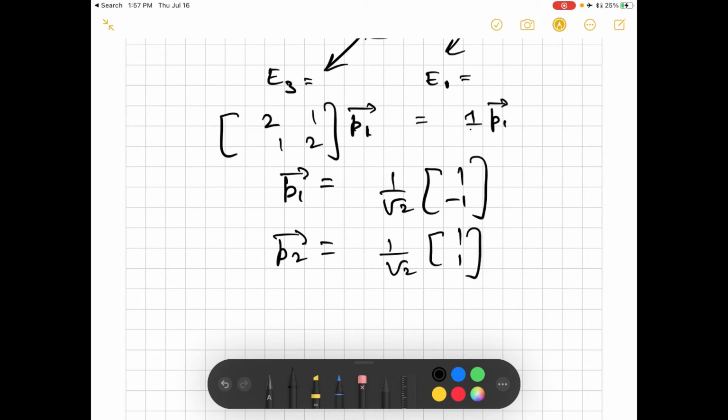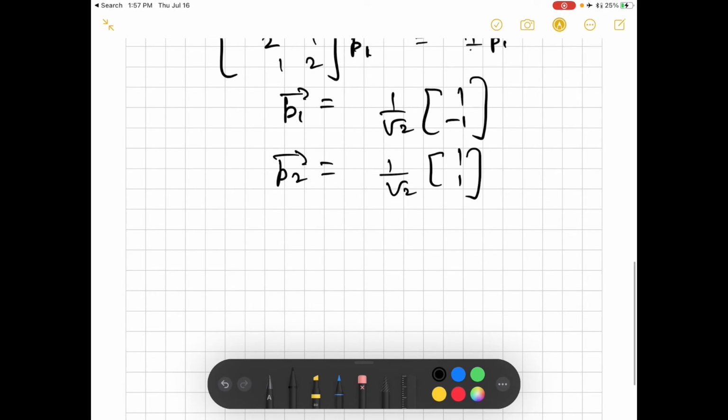If we replace lambda with 3 and again solve this equation for P2, we can write our P matrix as 1 by root 2, 1, minus 1, 1, 1. And now you can clearly see that both these vectors are orthogonal, as their dot product comes out to be 0. Also, the magnitude of each vector is 1, because we have already normalized it by root 2.